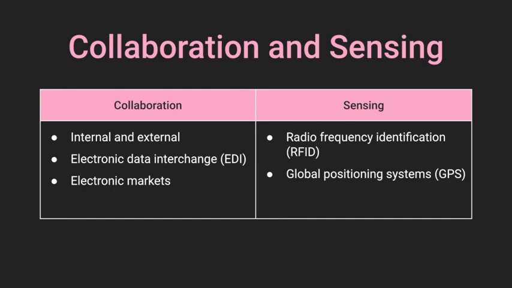Next up are your electronic markets. A more recent way to share information now is through electronic markets, relying on the internet's inexpensive communications and open standards for defining data. Next up, let's tackle sensing. Supply chains benefit from sensing technologies that improve visibility during transit and in storage.